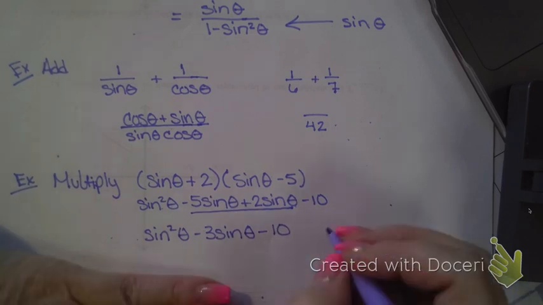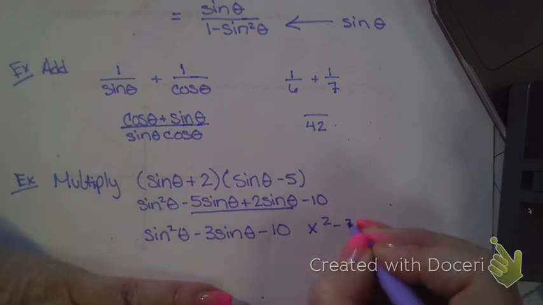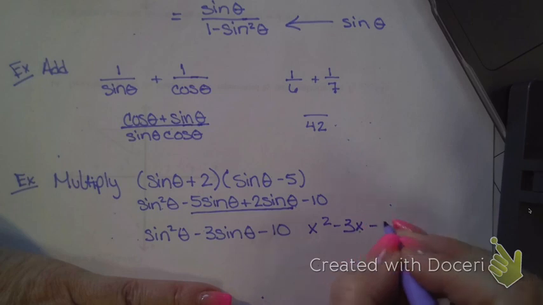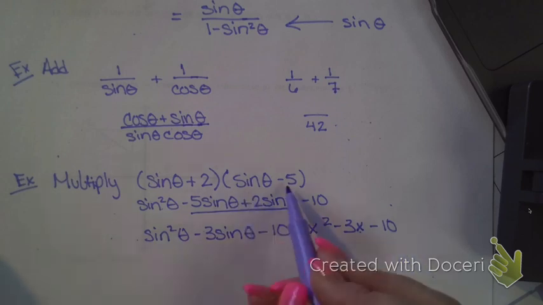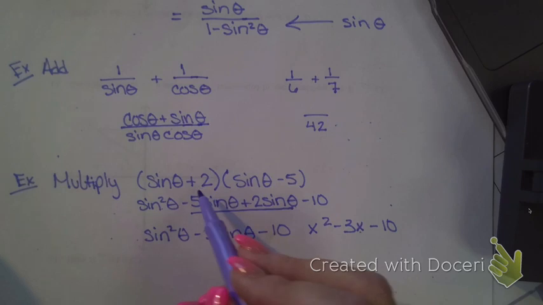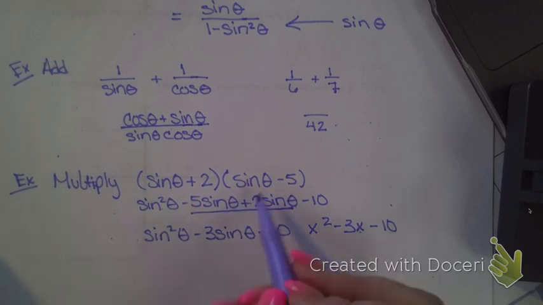Guys, this is exactly the same as x squared minus 3x minus 10. What are the factors of 10 that have a difference of 3? 5 and 2. It's just not x squared, it's what? Sine squared. So it's sine and sine. Are we doing any different math than you've been doing? No. Just with a function.